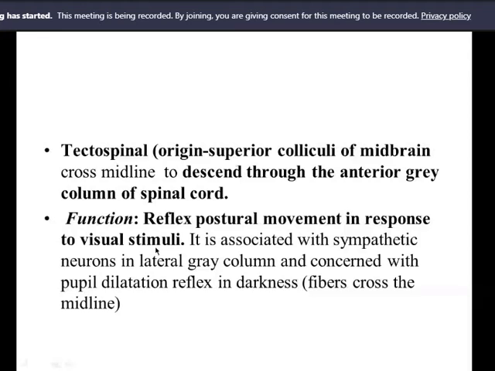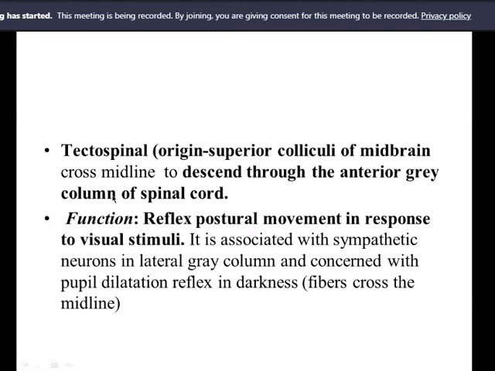At that time automatically there will be some visual reflex and the tectospinal tract will be activated, and your body muscles will be contracting so that you can prevent your fall. Am I clear?